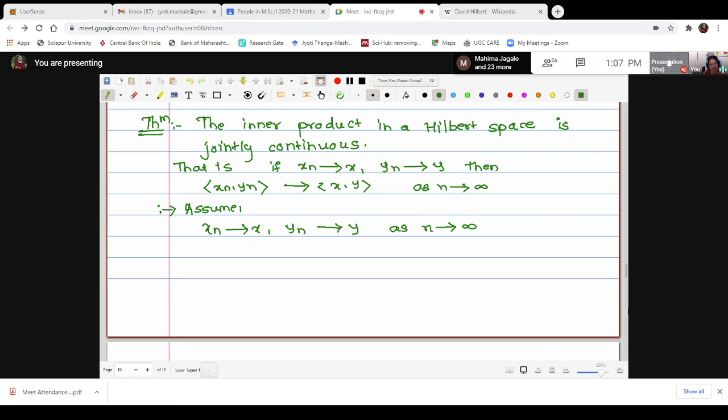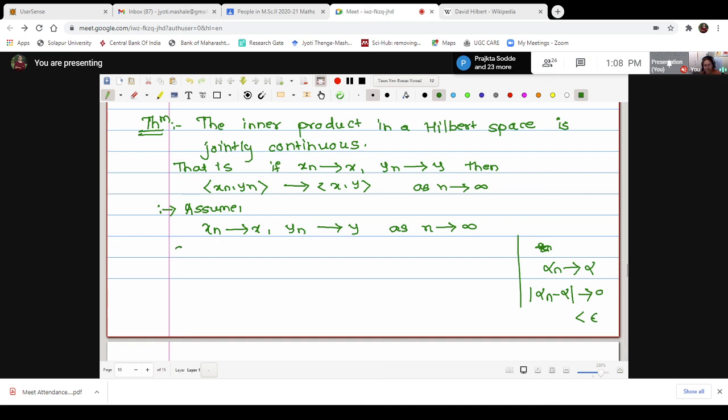That is, in real analysis we are using this concept. No? If I want to show that alpha n tends to alpha, this will be equivalent to showing modulus alpha n minus alpha tends to 0, or is less than epsilon. Anyone can use this.